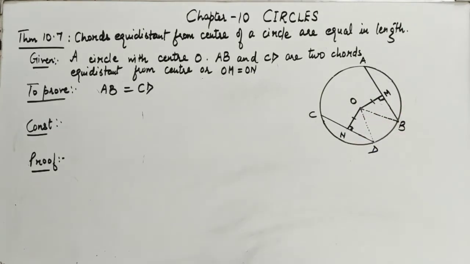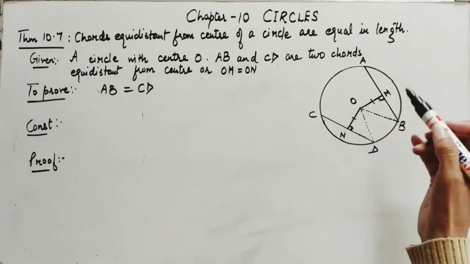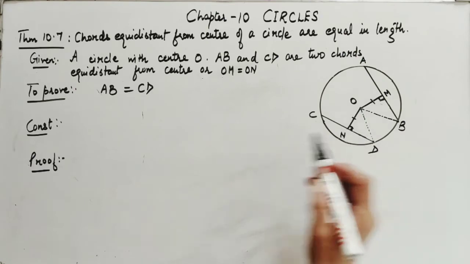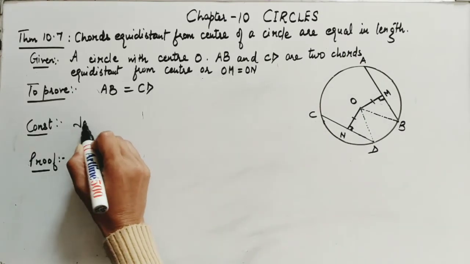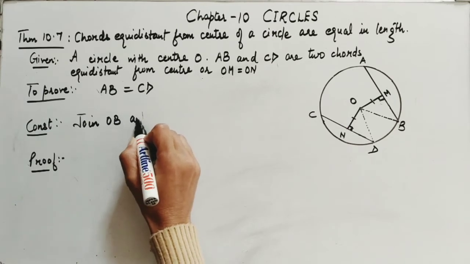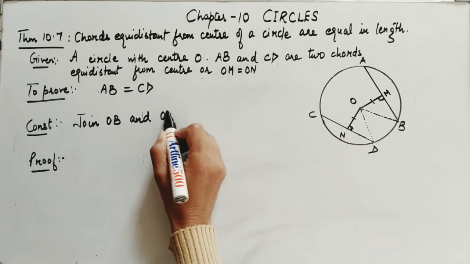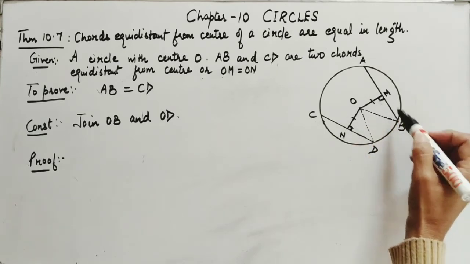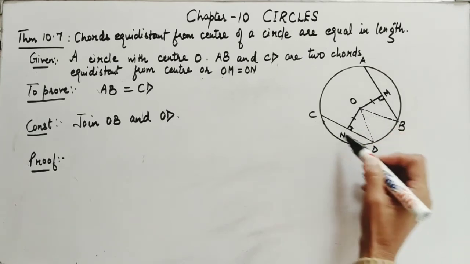So we would have a construction. I have actually done the construction already. We need to connect OB and OD. So I'll just mention it here. Join OB and OD. Now which two triangles? Triangle OBM and triangle ODN.